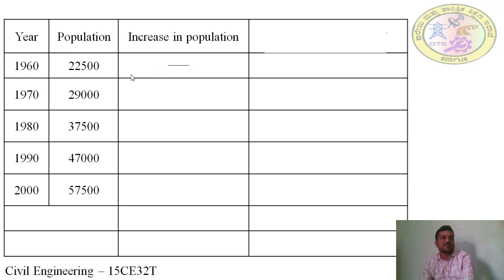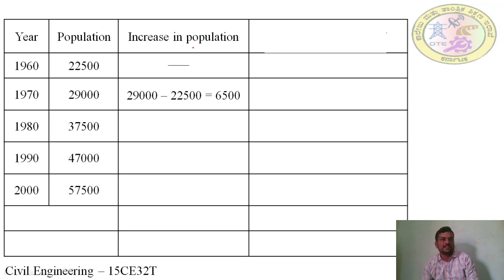Then we find the increase for 1970 with respect to 1960. It is the population in 1970 minus the population in 1960, which is 29,000 minus 22,500. Here the value is 6,500.